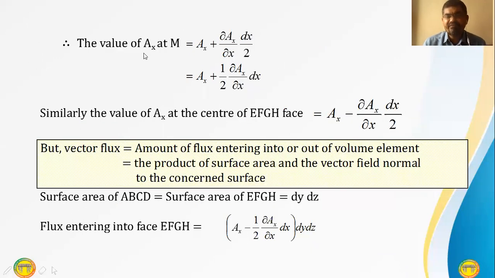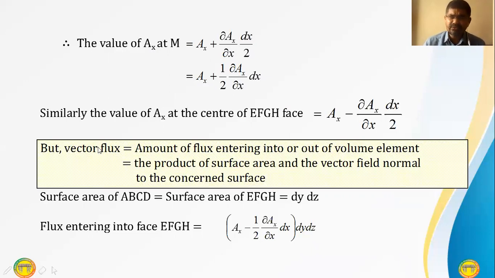Rearranging, that equals Ax plus 1 by 2 into dou Ax by dou x into dx. This is the value of Ax at M on face ABCD.